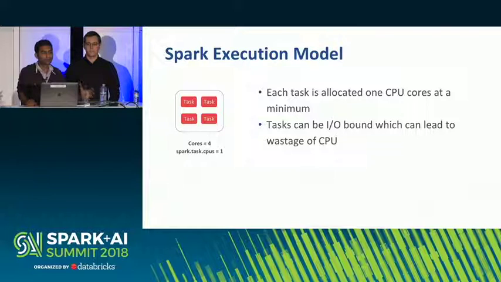So if you have a 4 CPU core machine, then you will at most be running 4 Spark tasks on that machine at any point of time. This is fine as long as your Spark tasks are actually consuming the CPU, but if your tasks are I/O bound, it might lead to significant wastage of CPU. We'll talk about this problem in detail later.